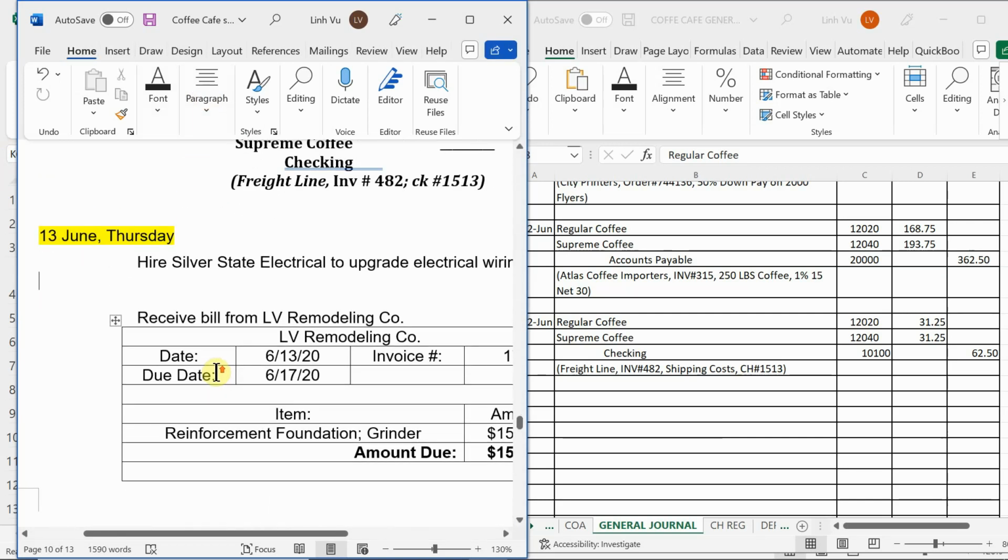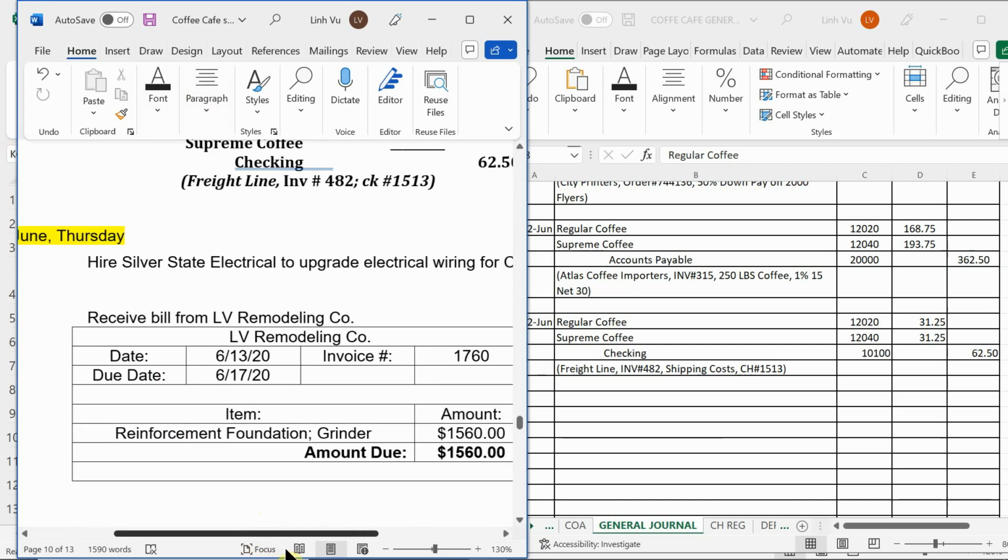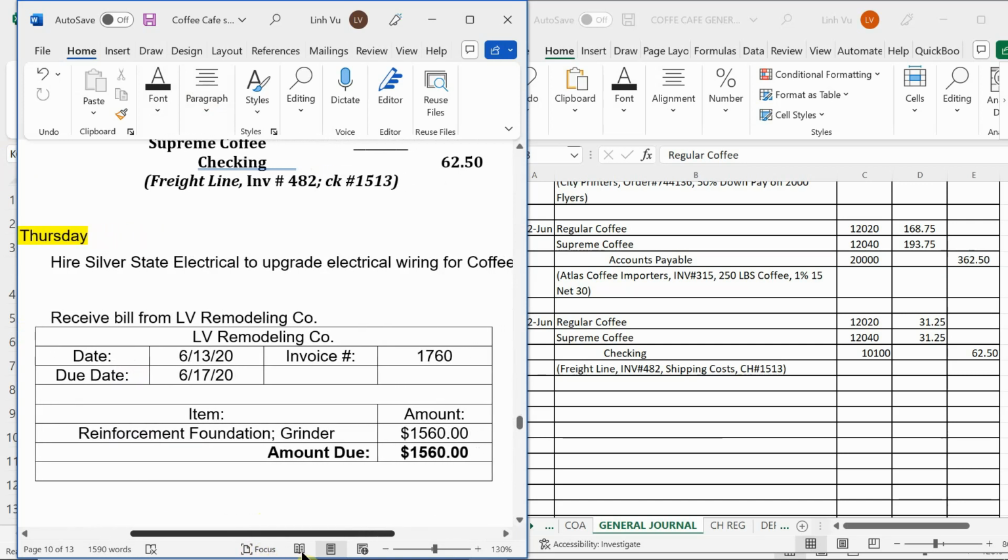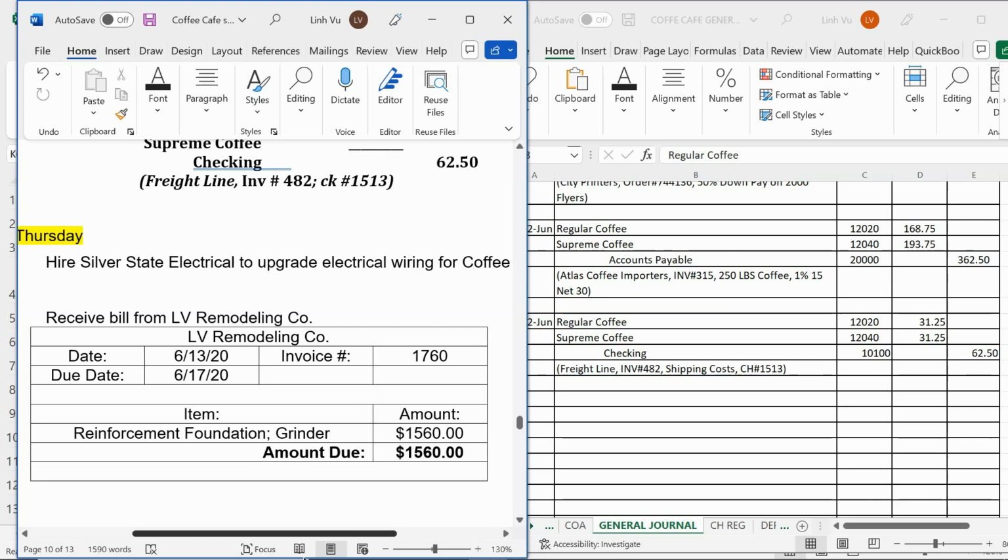Next thing that we have here is we end up receiving a bill from LV Remodeling again. This time, we got billed for the installation of the reinforcement of the foundation for the coffee grinder. Invoice number 1760, for 1560.